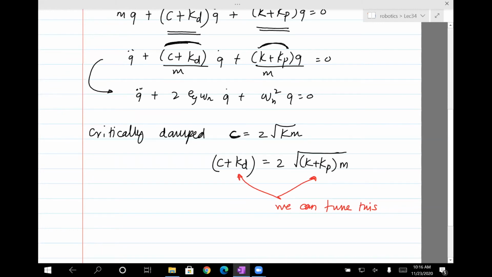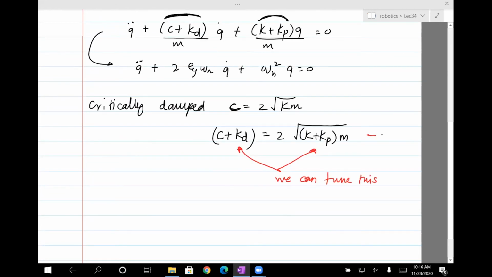Before we solve this, realize that this is one equation, but there are two tunable parameters, Kp and Kd, which means you have more flexibility than you really need. You only need to choose one number, and the other number you can vary the way you want. So what I'll try to do now is solve this equation for Kp in terms of Kd.